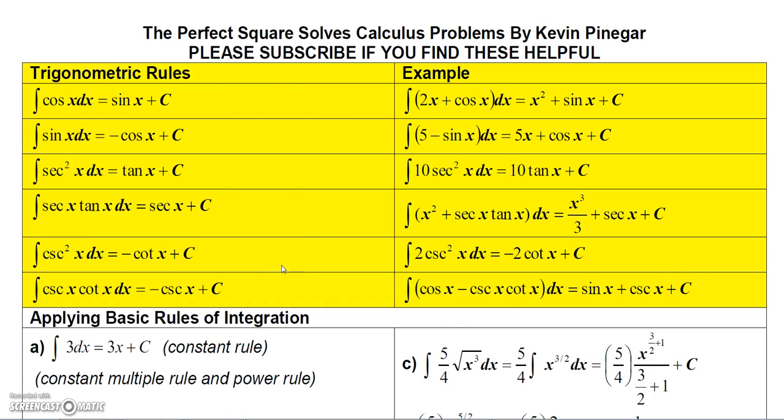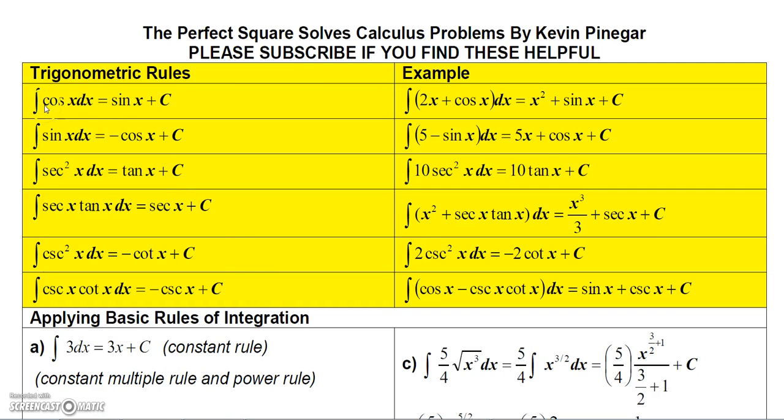Now, you might be wondering, why don't you have an integral for tangent, or an integral for cotangent, or an integral for secant by itself, or an integral for cosecant? Well, the only reason we have these formulas is because we knew the derivatives of the 6 basic trig functions.